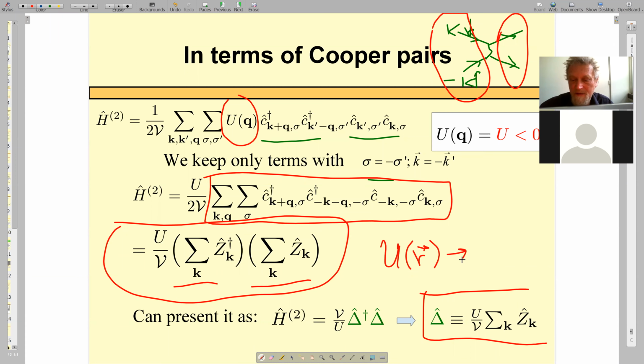We make a Fourier transform, we go to U_q. A convenient way to see this is to understand that there's a transfer of momentum q in this process, I could say, scattering. So it's no wonder that this transfer of momentum comes with the Fourier component of the pairwise potential. Does it answer your question, Sarah?